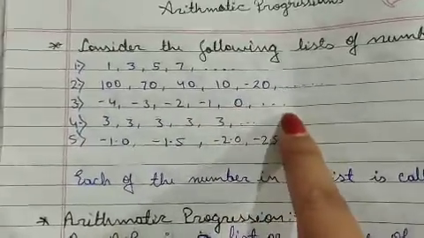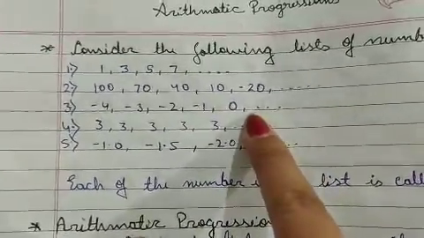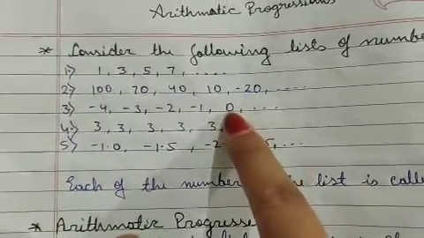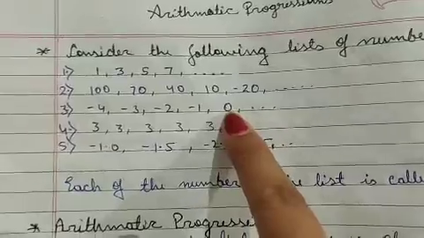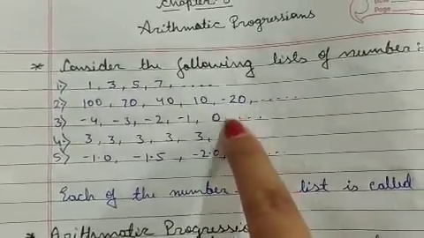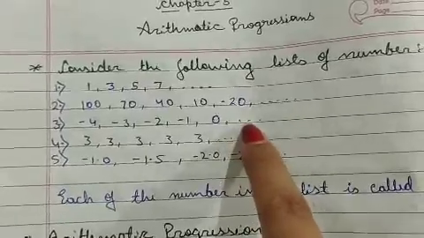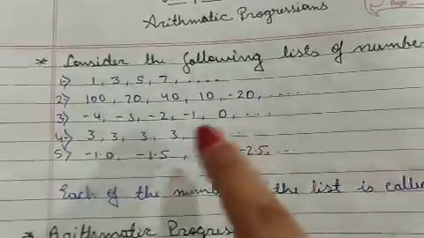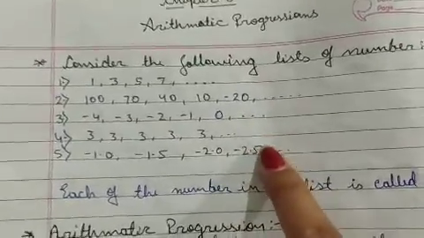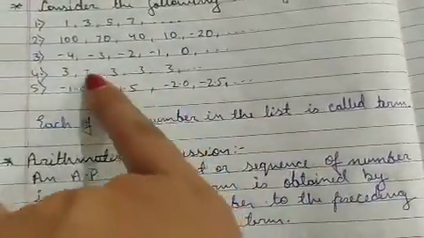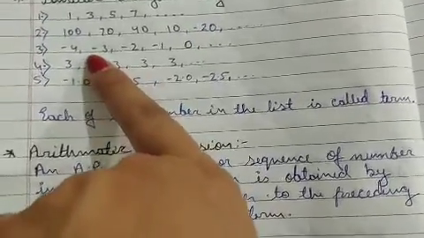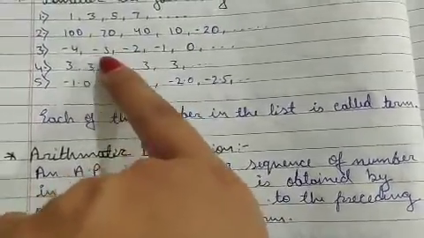To get the next terms of this sequence, we add 1 to 0, so 0 plus 1 is 1. Then adding 1 again, 1 plus 1 is 2, and so on. This way we get many more terms, because the difference between two terms is fixed.